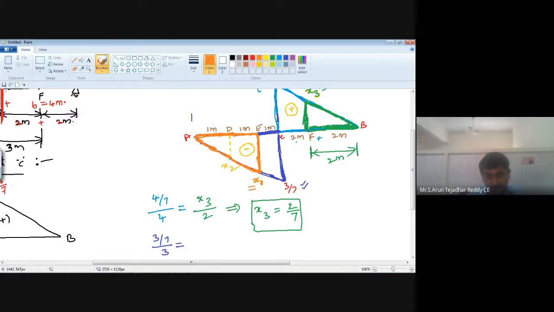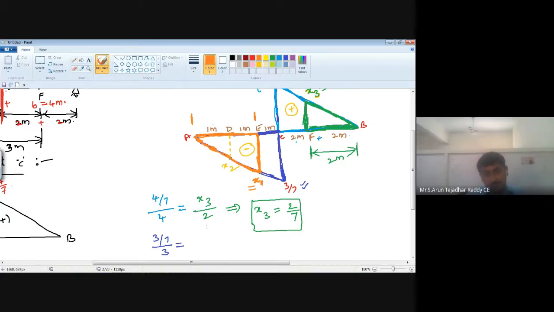Perpendicular is x1. What about base? Base is from A up to E point. So we have 1 meter plus 1 meter, totally 2 meters.